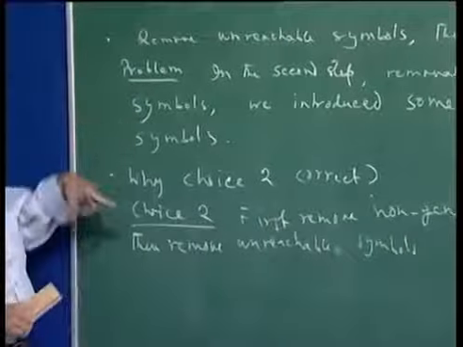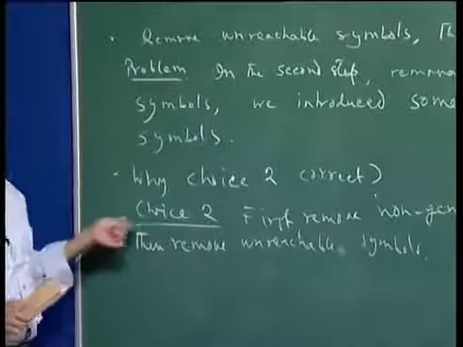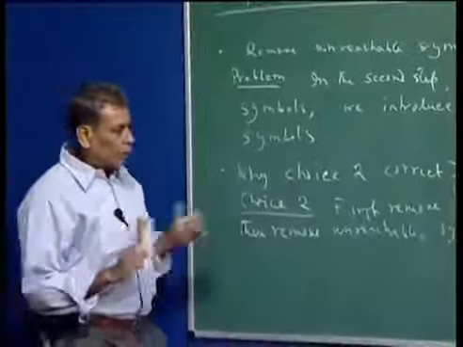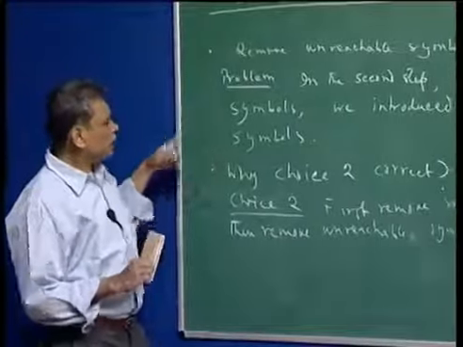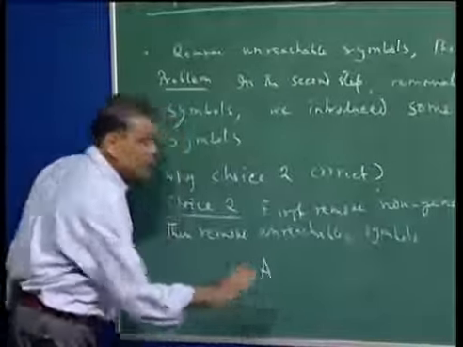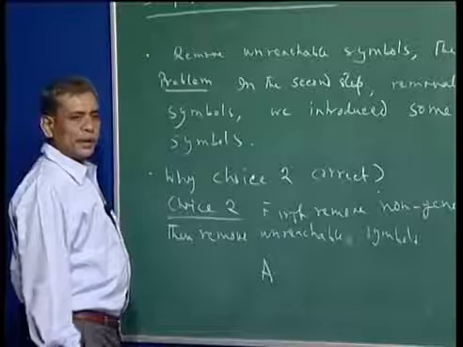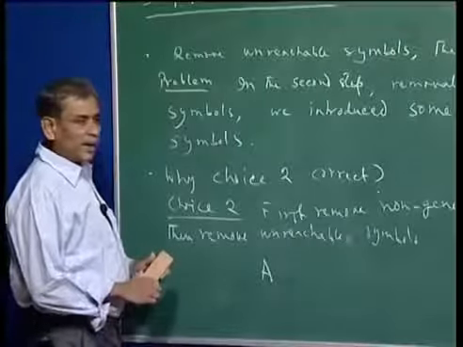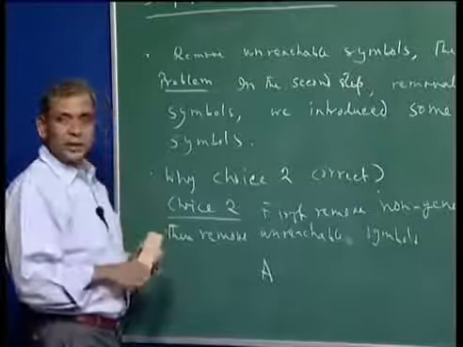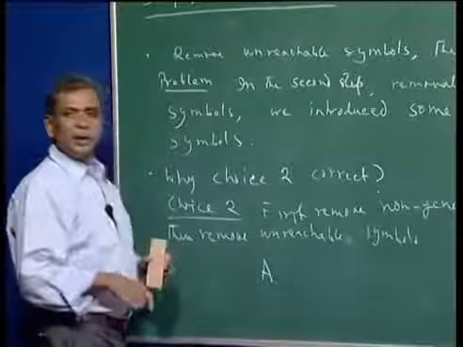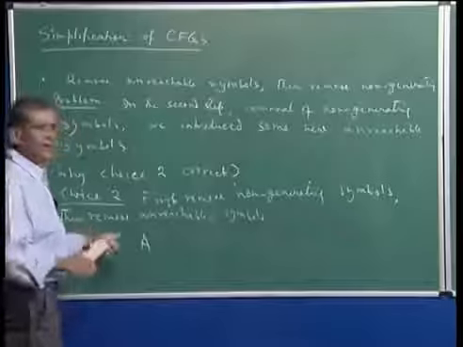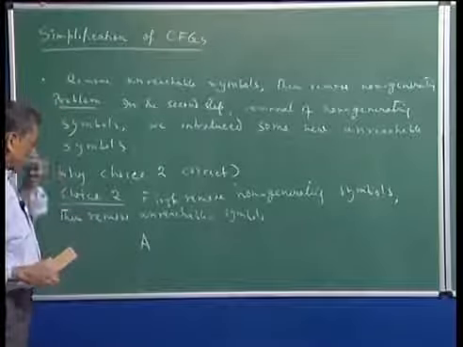Can such a thing, what happened in case of choice 1, happen with choice 2? That would happen if you have found that some A is reachable, right, but in the process of removing some other symbols which are not reachable, you made A non-generating. Only in that case would choice 2 also be unsafe.